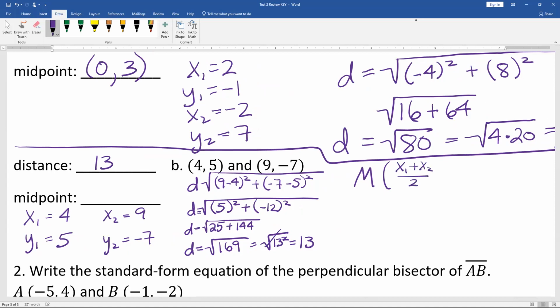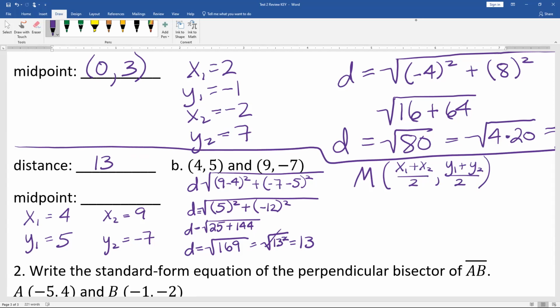It's just the average of your x's and y's. So remember, a midpoint is an ordered pair. So you're calculating an x and you're calculating a y. So it's the average of the x's as the x coordinate of the midpoint and the average of the y's as the y coordinate of the midpoint.